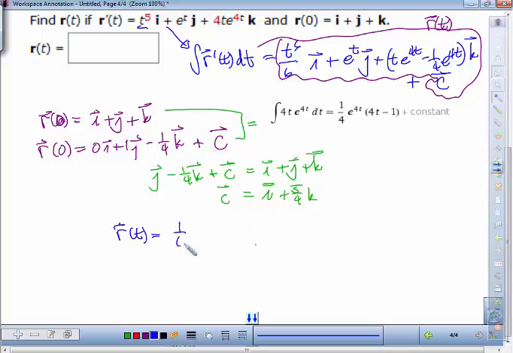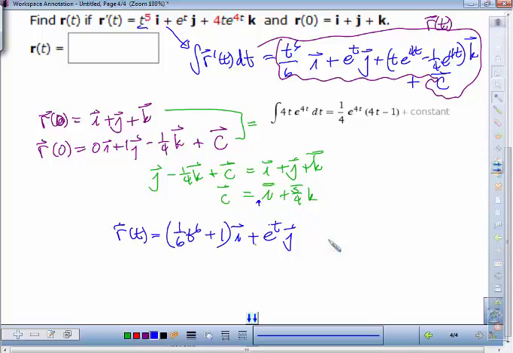So I got 1/6 t to the 6 plus 1. The plus 1 comes from here in the i direction. My j direction is just e to the t, and there's no j over here, so there's nothing to add.